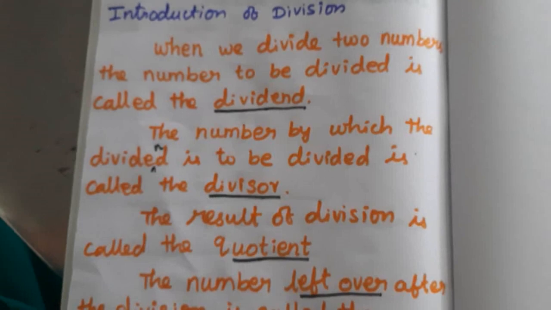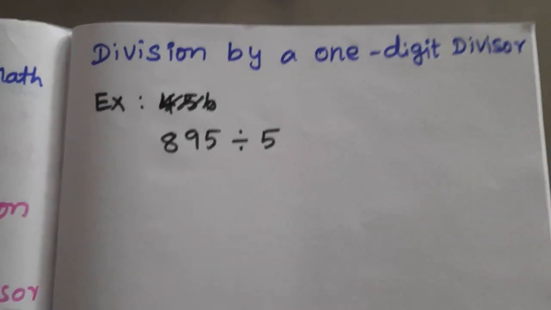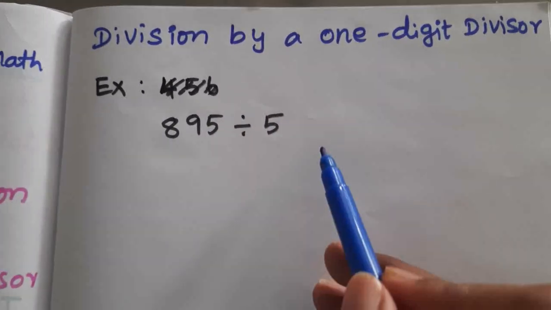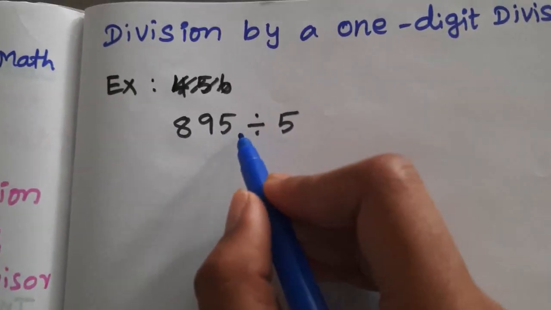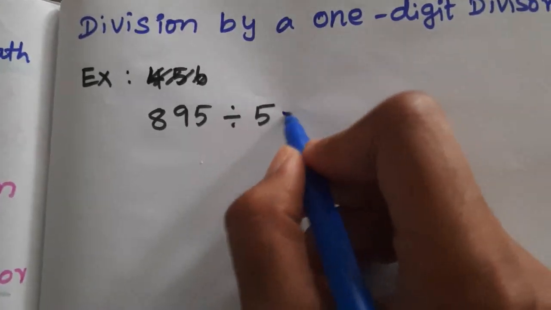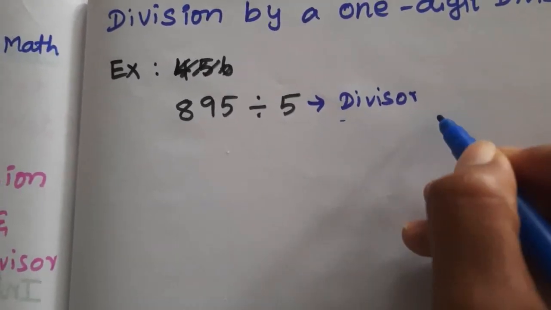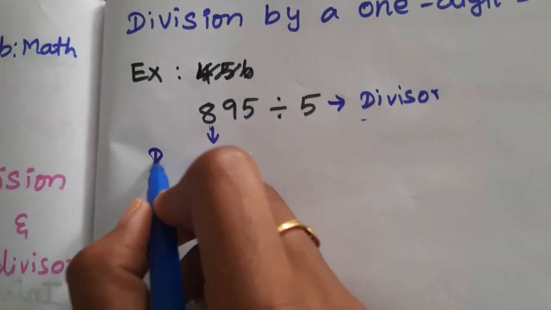Do we have any doubts? Shall we see an example? Listen, division by a 1 digit divisor. This is your example: 895 divided by 5. This 5 we call the divisor, and this 895 is called the dividend.